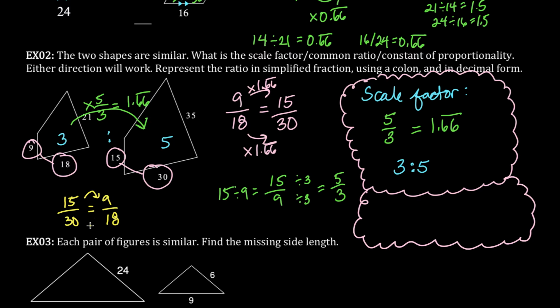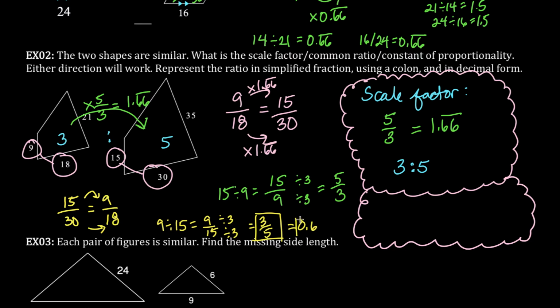We could try to figure this out. So we know that they're similar, so 9 divided by 15 equals 9 over 15. Let's simplify. And we get 3 over 5, which is 0.6.